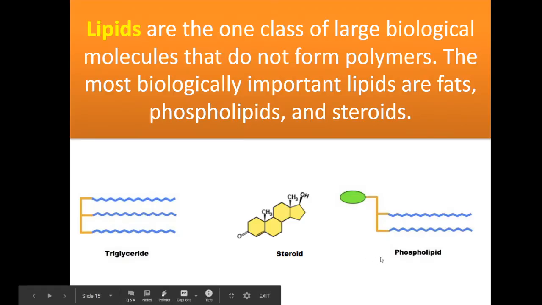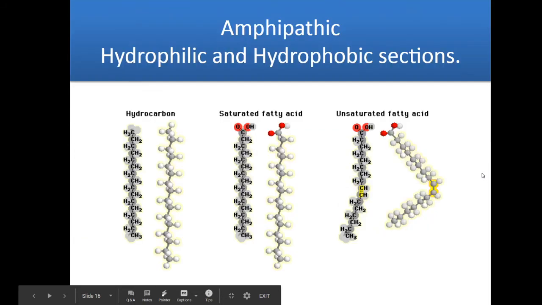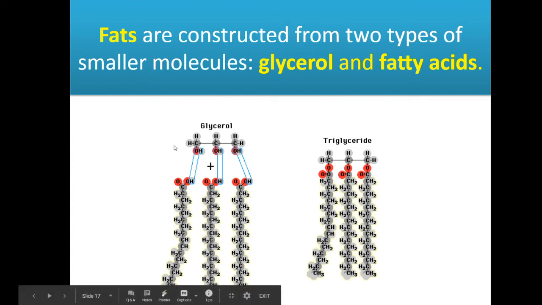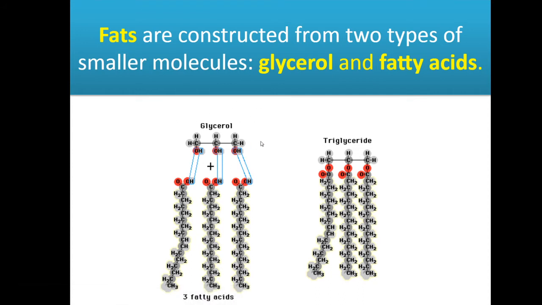Hopefully, you guys remember lipids are one of our four biological molecules. They are our fats and our oils, things like that. They have that amphipathic nature, which gives them their hydrophilic and hydrophobic sections, mostly because they're composed of one glycerol that forms the backbone and then the fatty acid chains. The glycerol is hydrophilic, it loves water, it's polar.